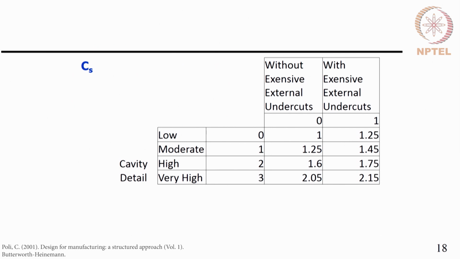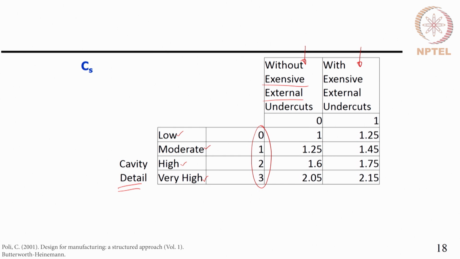Once the cavity detail is obtained as low, moderate, high or very high, that is the first digit in this table. If the mold does not have extensive undercuts, then we choose the first column, and if it has extensive undercuts, then we choose the second column.